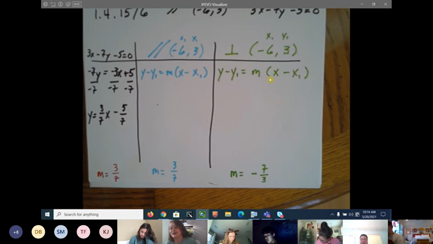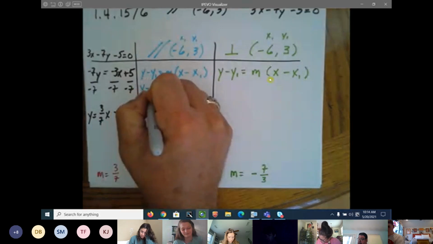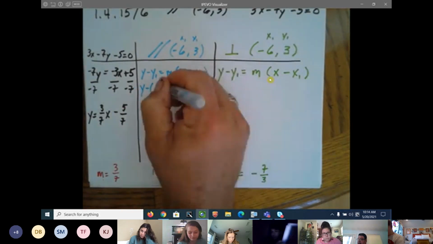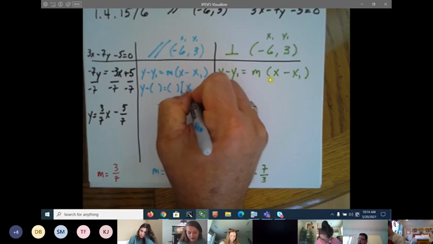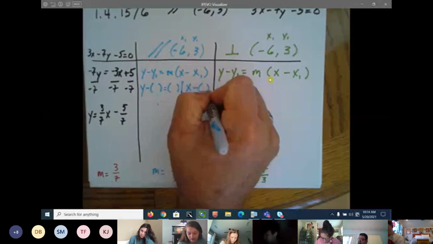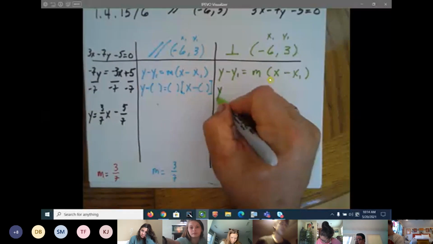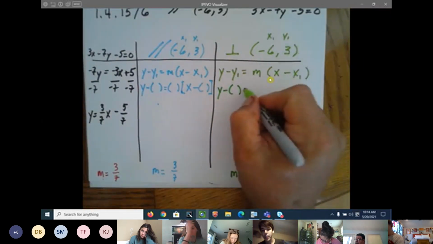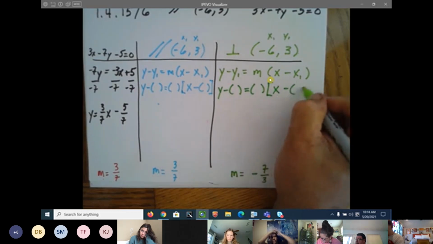All right, I'm going to draw my parentheses because I need to, because I suck at algebra. I'm saying that for people that might suck at algebra. Brackets, y minus parentheses equals parentheses times x minus parentheses.